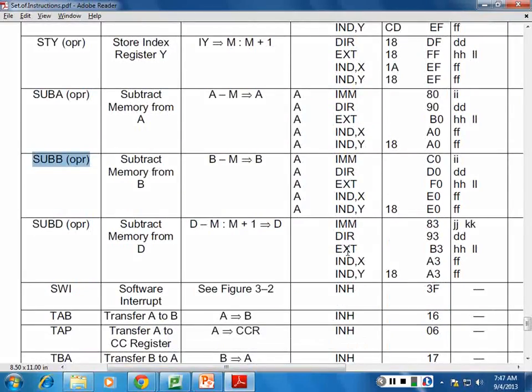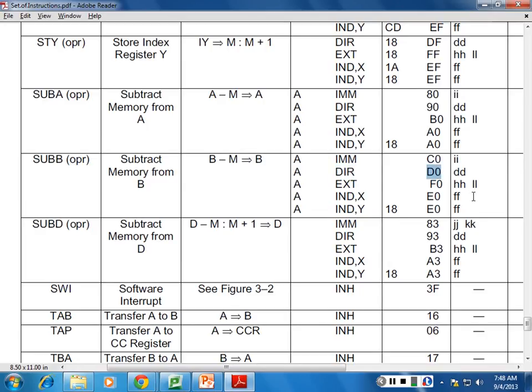Again, we don't understand the instruction yet, but since we know that this is SUBB and the addressing mode is direct, let's look here. You see here, these are all the available addressing modes for this instruction. But for the direct, DIR, right? For the direct, this is going to be the opcode.